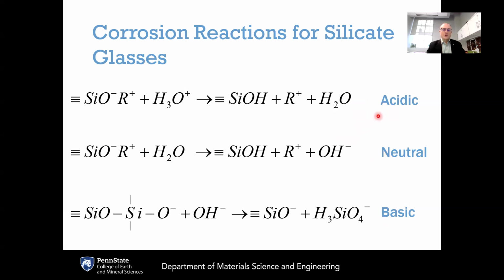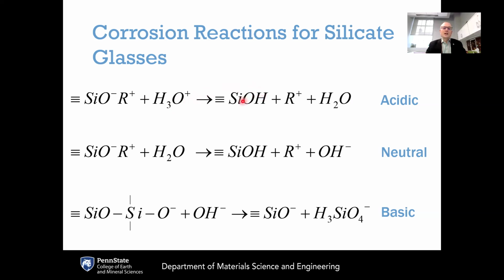So if we look at the reaction here for an acidic environment, if we've got a silicon tetrahedron here that is bonded to, say, 3 other silica tetrahedra, but there is a non-bridging oxygen with a modifier ion here that is labeled as R+, this can undergo an ion exchange reaction with a hydronium ion here, H3O+. Both the alkali modifier and the hydronium ion have the same charge of +1, and there's basically an exchange of the two, where a hydrogen ion from the hydronium exchanges with the alkali ion.